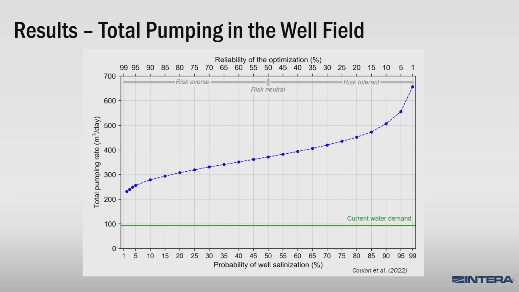And so with this optimization under uncertainty, we're able to quantify the trade-off between pumping and probability of salinization. And it's interesting because we don't provide the groundwater managers with a single solution. We provide them with a whole range of solutions from which they can choose the final pumping scenario depending on the level of risk that they consider to be acceptable.